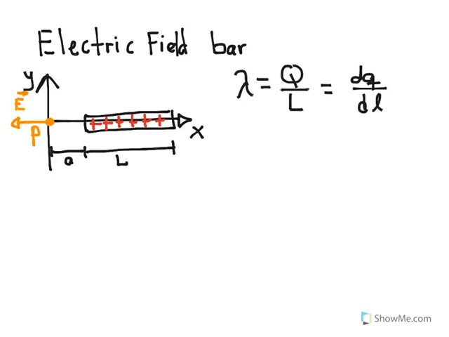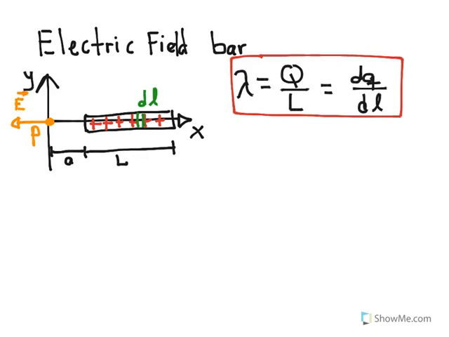For instance, a small piece of this charge located anywhere on this bar has a differential of length. This is important because this is the definition of the density of charge. It is like the density of mass, but instead of relating mass over unit of length, we're relating charge.